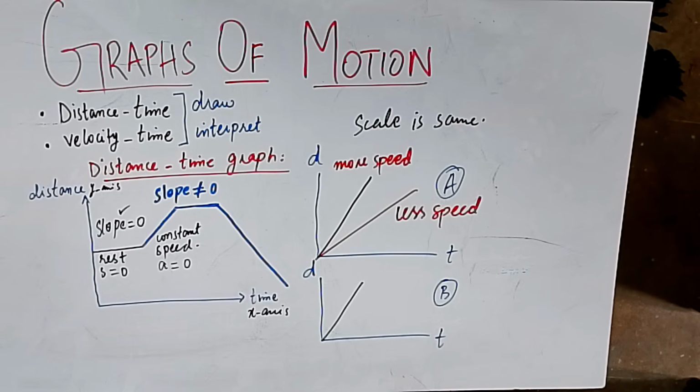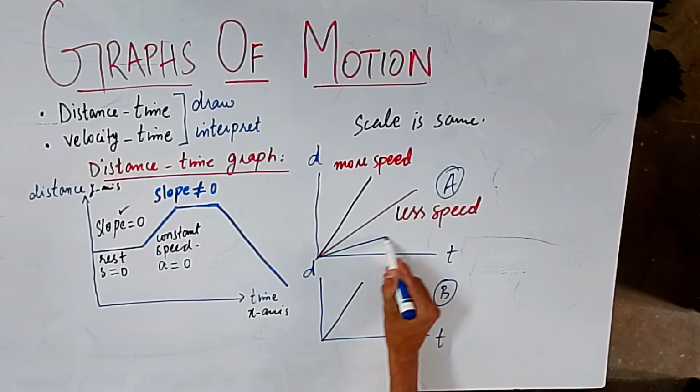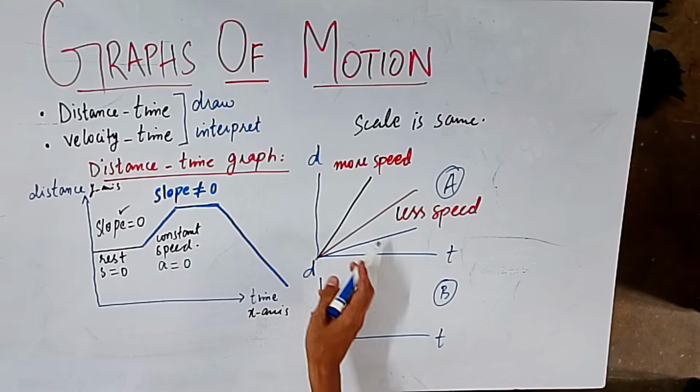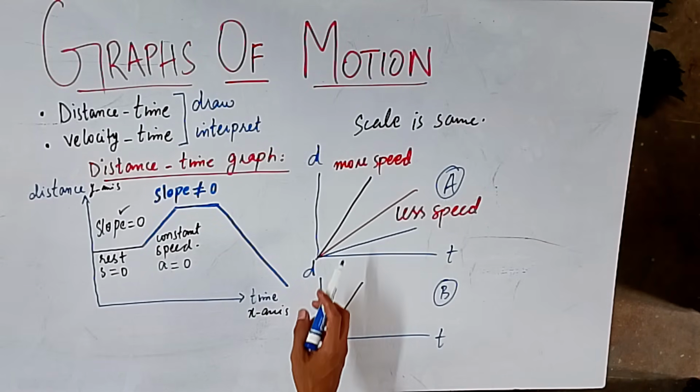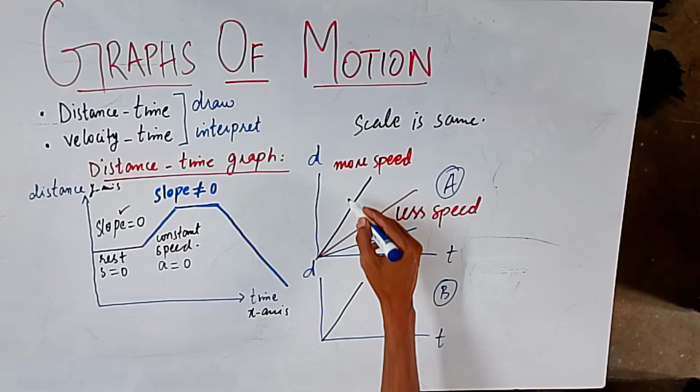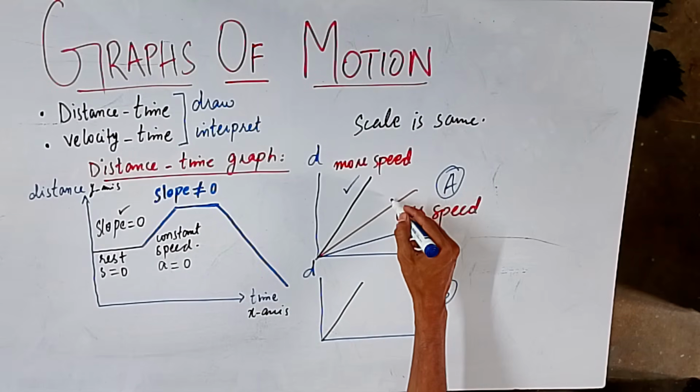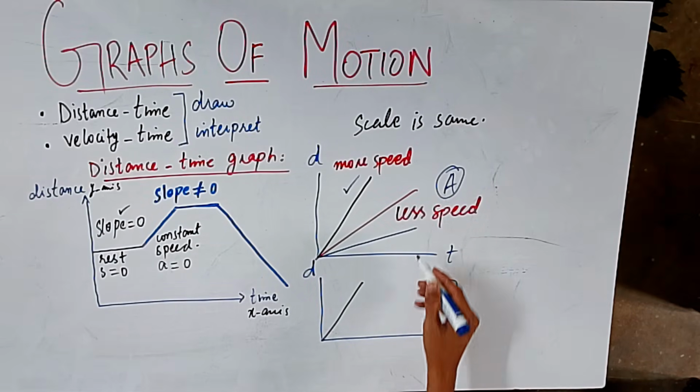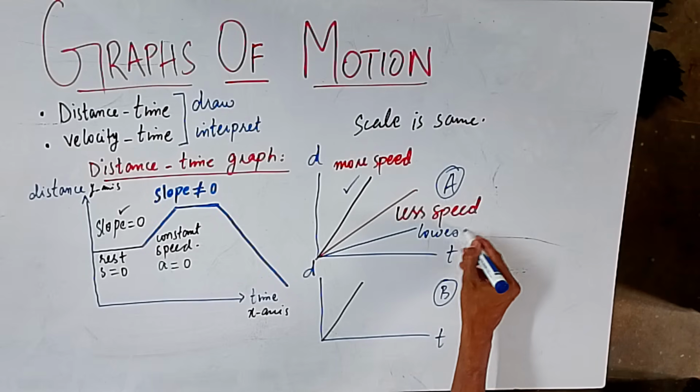And you can understand why that is so, because it is showing that more time is consumed for a particular distance. Let's say one more line. If you compare these three lines, the object with the highest speed is this one, and then this one, and then the lowest speed.